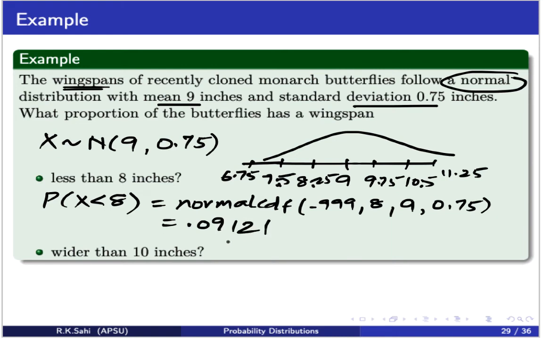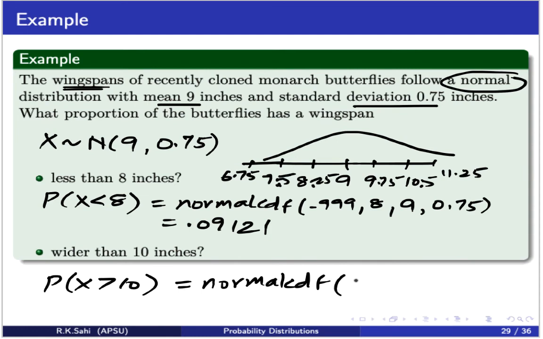0.09121. Now here it says the wingspans are more than 10 inches, that means probability x is greater than 10. Greater means this one is the minimum value, or the lower value, whatever you are comfortable calling it.